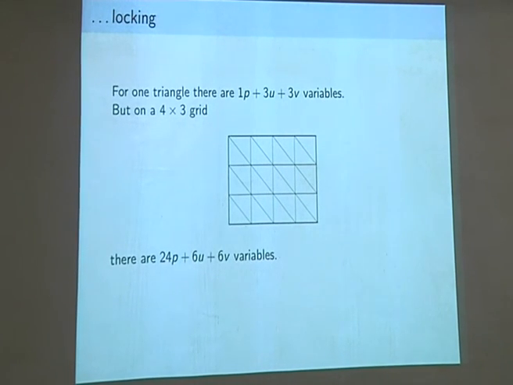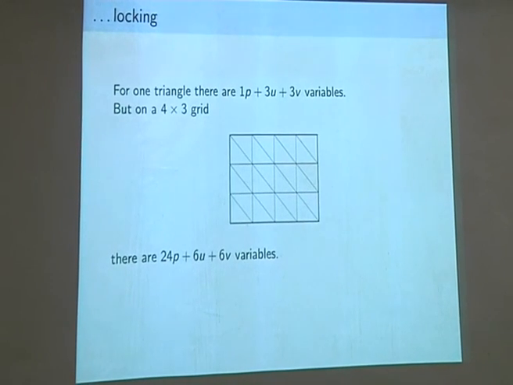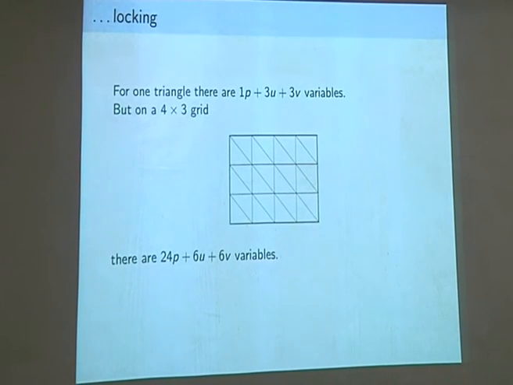But globally, when you put all the triangles together, you find that there are far too many pressures, and the pressures are the things that are all about satisfying div u is 0. So the pressures are controlling the velocity field through incompressibility and not giving the momentum equation a chance to do anything.